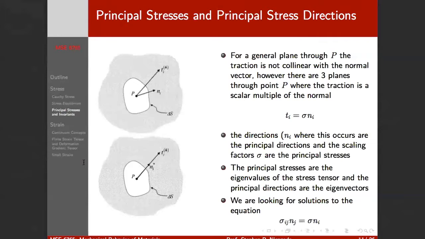Our force acting on the plane is not always normal to the plane. We have shear components in the plane. But at any point, there are guaranteed to be 3 planes that I can cut on that are going to be orthogonal to each other, where the traction vectors are orthogonal to those planes.